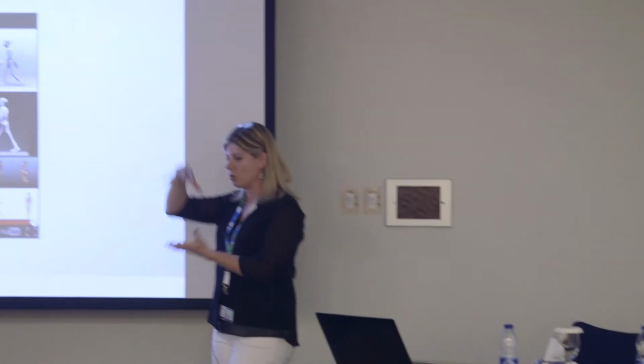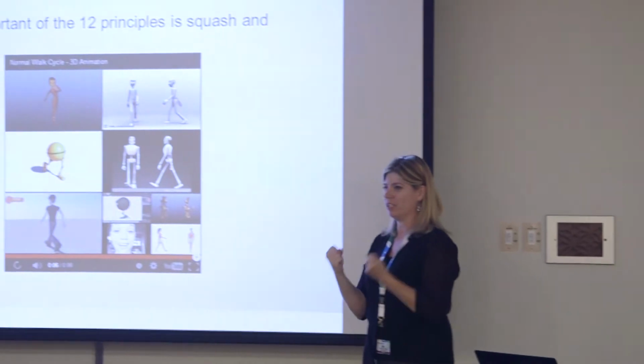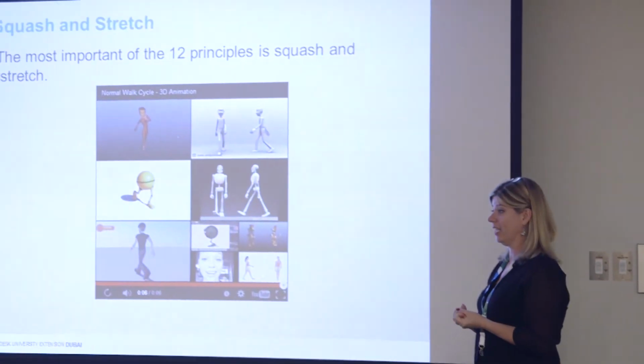So squash and stretch works for, I don't know, like if you see maybe a little bit heavy character and their tummy is bouncing a little bit, or it could even be exaggerated. This guy's just a ball, right? But having that little bit of squash and stretch makes it feel like it has a little more personality, right?